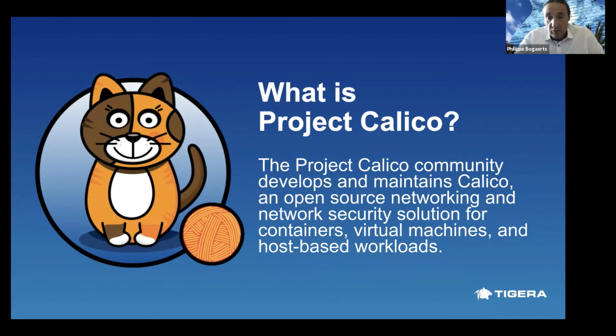Mostly known for the containers in Kubernetes, but it also works for virtual machines, so you can protect traffic to and from VMs, as well as the host on which your Kubernetes clusters are running. So it's not only containers, but it can actually protect the entire environment you have.